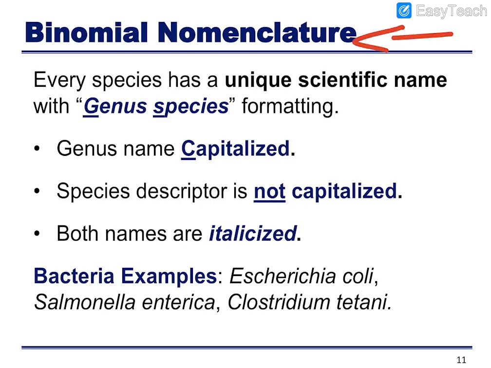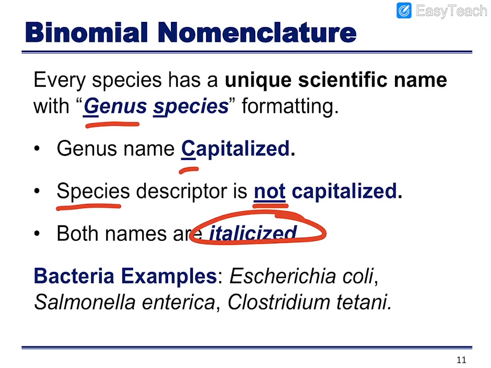But let's move on to binomial nomenclature, which is what I was just briefly talking about. Every species has a unique scientific name with a genus and species format. The genus part of the name is always capitalized, the species descriptor is not capitalized, and the whole thing is italicized.